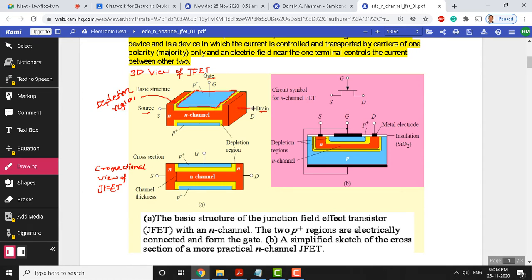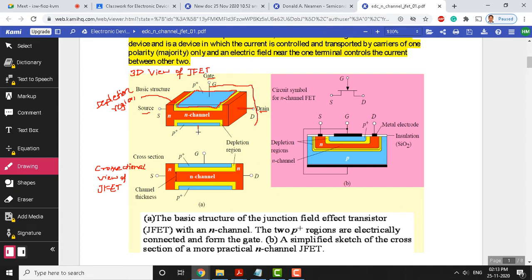This is a drain terminal, and the source terminal is attached to the other end, just opposite of this. This is a source terminal, and there is a gate terminal which is attached to this P plus region here. This is a gate, and since the bottom also has a similar gate region, we attach a terminal and connect this and this.